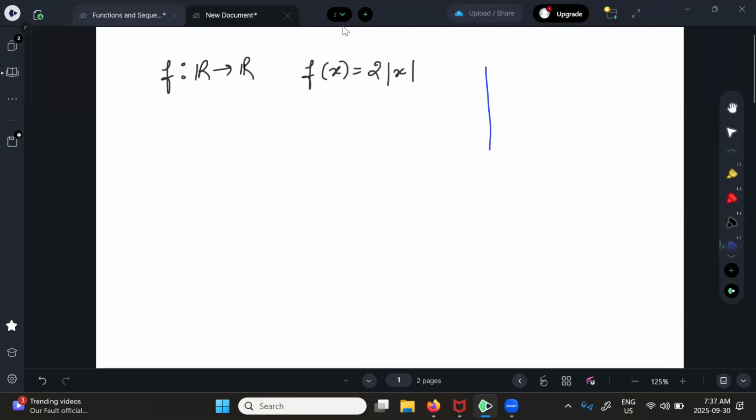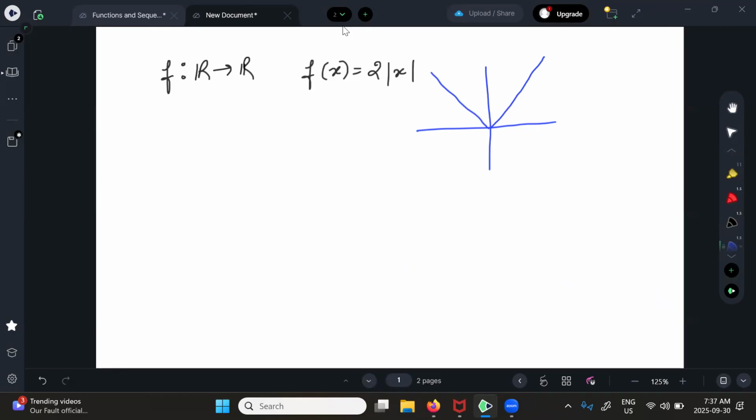F is going from R, the real numbers, to the real numbers. The function is given by 2 times the absolute value of X. Do we know about this function? Have you seen it before? Absolute value, no matter what you put in here, you get a positive output, right?